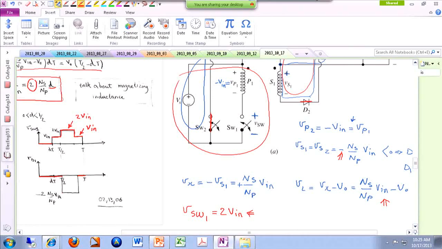So we have twice VS1, which is negative 2 times something like this. Another indication when it comes to selecting this diode is how much voltage stress is applied here.